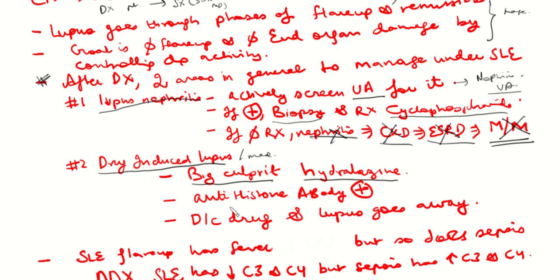If the provider suspects it, they may order an antihistone antibody test. Remember that antihistone antibody? If that's positive, they've got drug-induced lupus. If that's the case, the provider will discontinue the drug, lupus will go away. Yay! Okay? So that's two specific areas within lupus to look closely at.